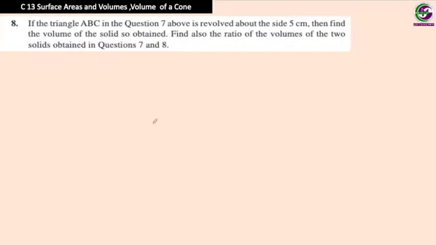Next question. If the triangle ABC in question 7 above is revolved about the side 5 centimeter, which means there is a change in the shape now. 5 is the height, 12 is the radius, and 13 will be the hypotenuse or the slant height.